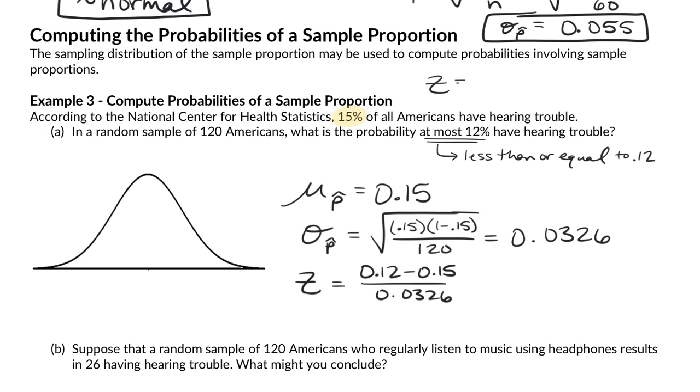Remember, z-score is always the x that you have or care about, the random variable, minus mu over sigma. And that extends on to when we're doing sample proportions. So the value I care about for this question is 12%. My mu is 0.15. My sigma is what we just got. Z-scores, we always round to 2 decimals. And if we calculate this, this is negative 0.92.